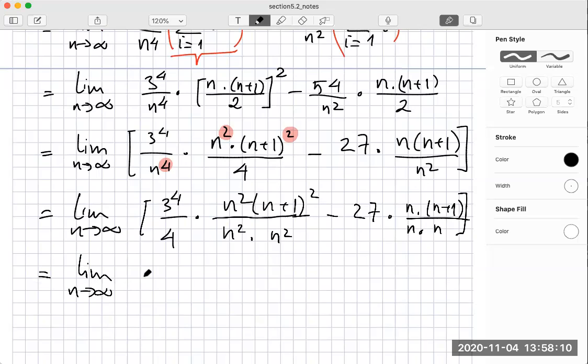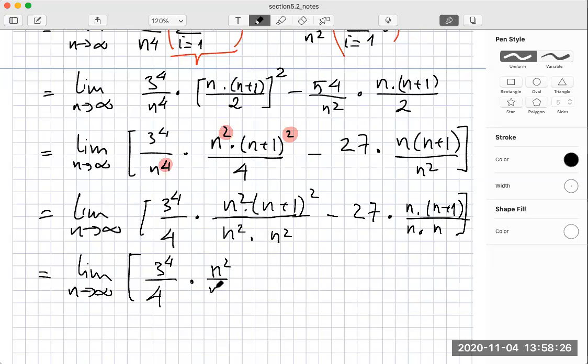Limit as n goes to infinity. The numbers here, we just rewrite it. These are all products of things, right? Let us write it this way.